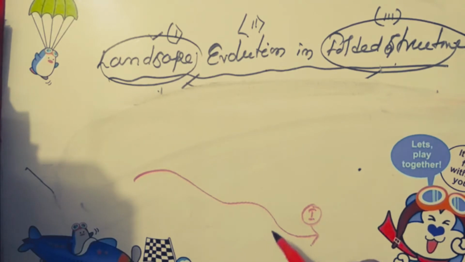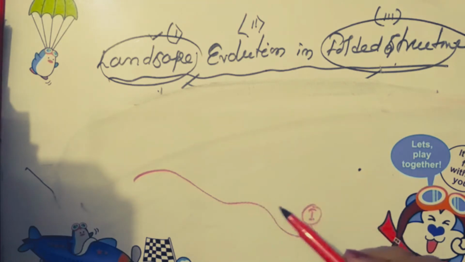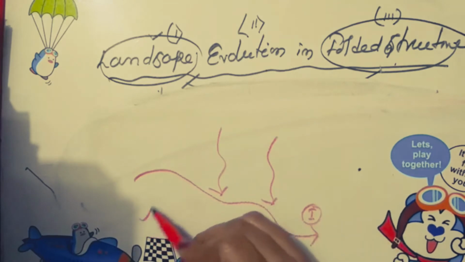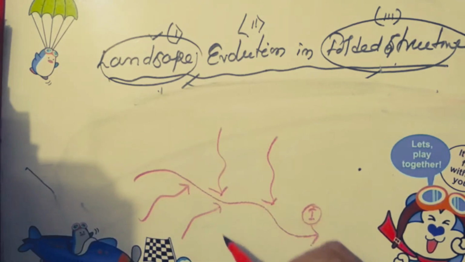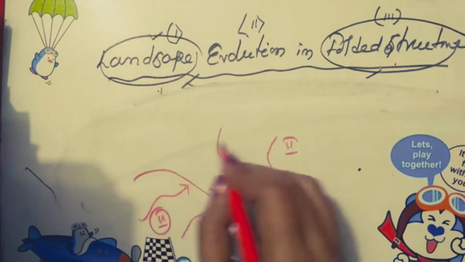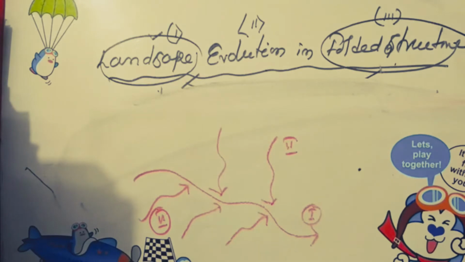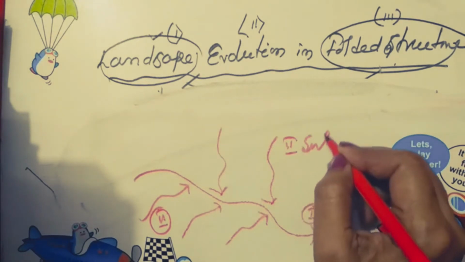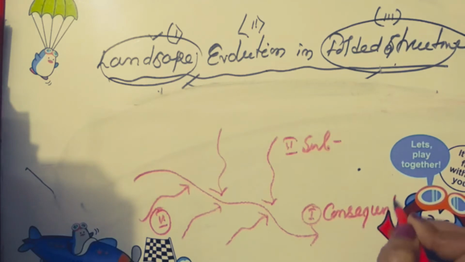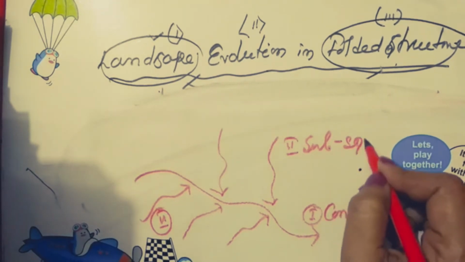After the first order stream flows from the hill slope, diagonally a series of river systems originate and meet the first order stream. These are the second order streams, and a series of second order streams developed. This is called the subsequent stream, and this is the consequent stream. The first order stream is called consequent, and this is subsequent.